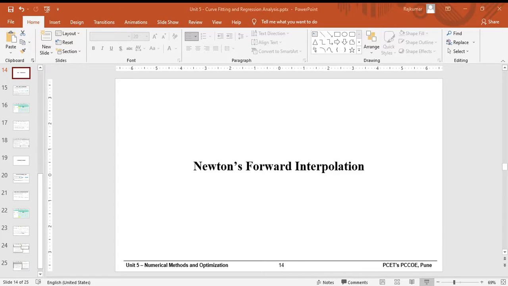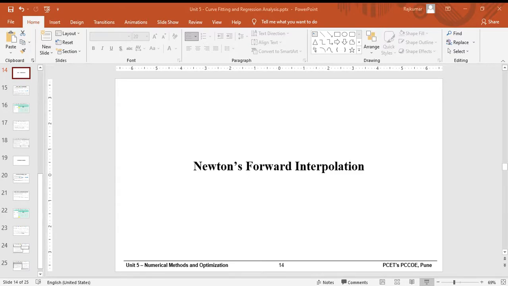So therefore x will be your 45, and if you check the table, you can easily find that 45 is very close to 40. So your x naught will be 40 in this case. The x and the closest value will be your x naught. Then we will find out p.